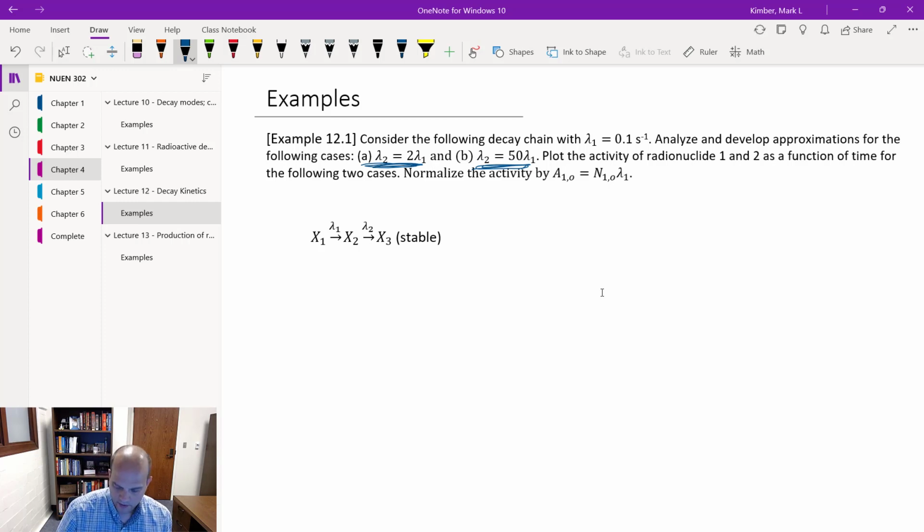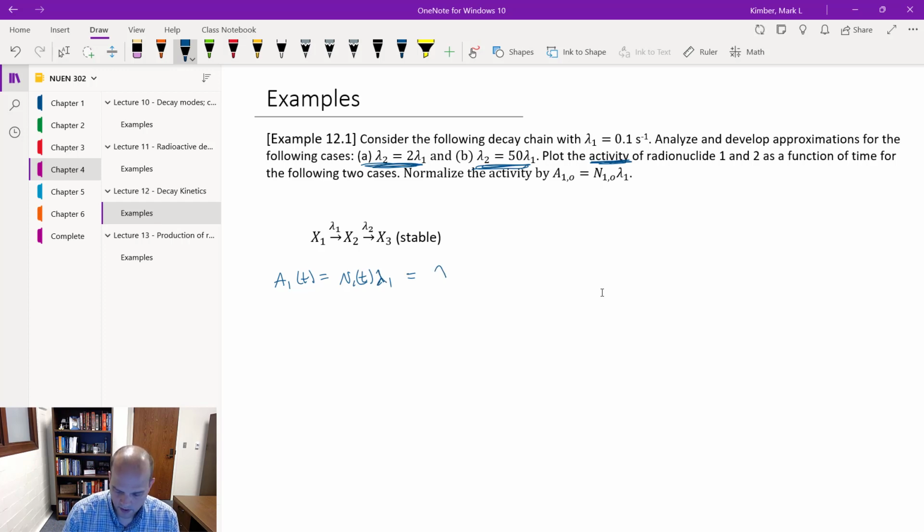So we want to plot the activity. The activity of isotope 1 is just going to be the inventory multiplied by lambda 1.